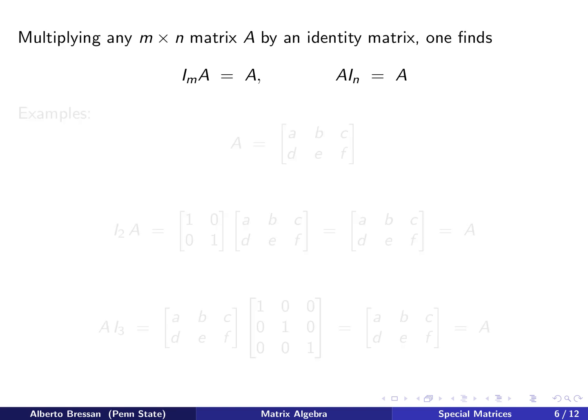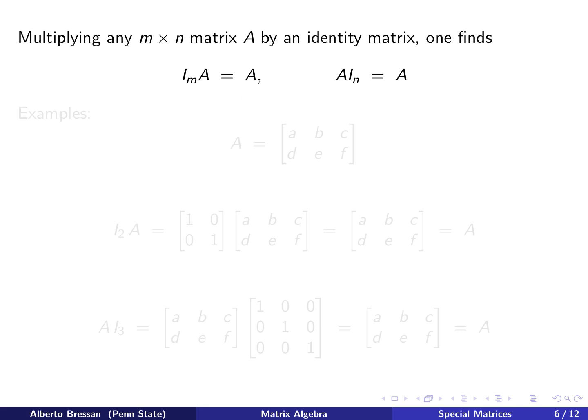So let's verify its property in the multiplication. Let's consider an A matrix, which is m by n, and we will try to multiply it by an identity matrix. And then we need to specify if we multiply it on the left or on the right, because it matters, because the size will have to match. If you multiply it on the left, then you have to put an identity matrix of size m by m, and we want to recover the A matrix.